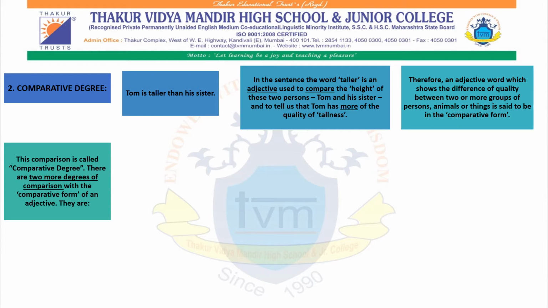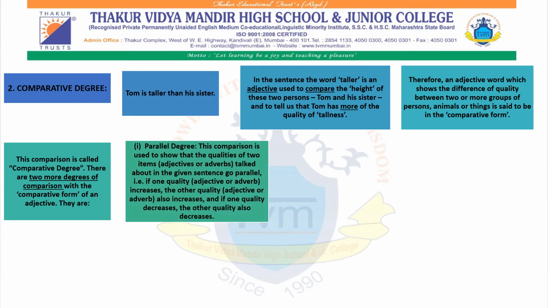There are two more degrees of comparison with the comparative form of an adjective, and they are, first, parallel degree. This comparison is used to show that the qualities of two items, okay, it can be adjective or adverb, talked about in the given sentence go parallel, equal, same.